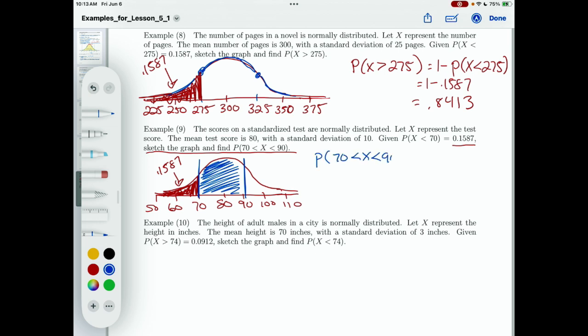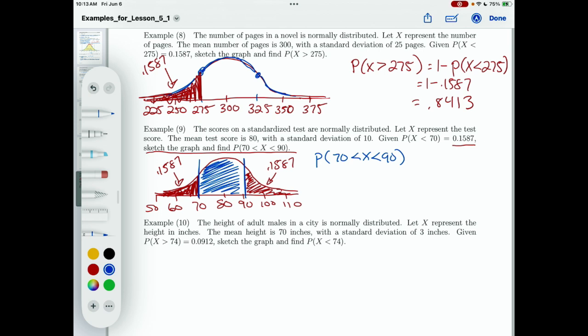Using symmetry, I know that this area over here is also 0.1587. So to find the blue area in the middle to give us the probability that x is between 70 and 90, what I need to do is add up 0.1587 plus 0.1587.